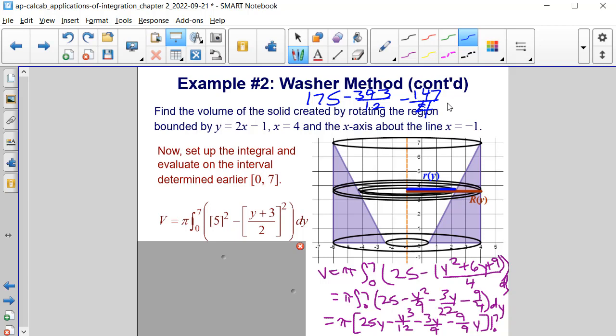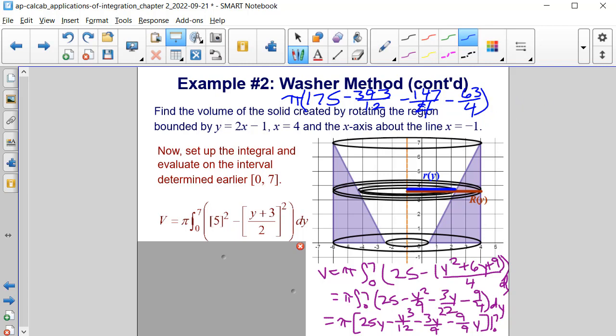And then we have minus 9/4 times 7, which is minus 63/4. And we have all of this multiplied by pi. And again, if we substitute 0 in, we end up getting 0. So you could put a subtraction of 0 at the end of this if you would like.